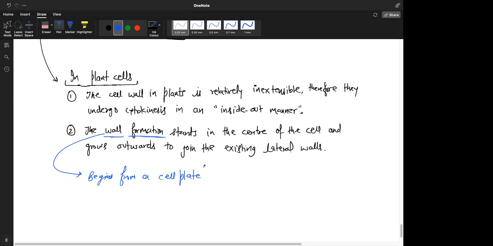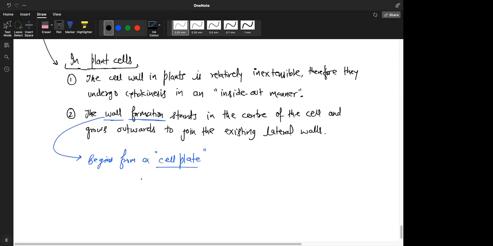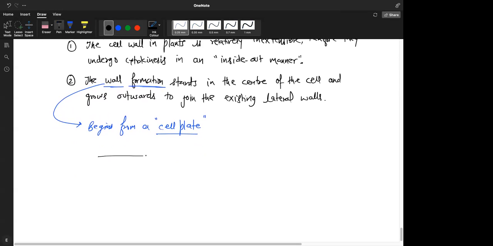Let me draw it to explain it to you better. So let's say this is a plant cell. Plant cells have rigid shapes, right? Because of the cell wall. Yes? So this is the cell wall. And here inside, in the center, a thing grows, which is known as the cell plate.